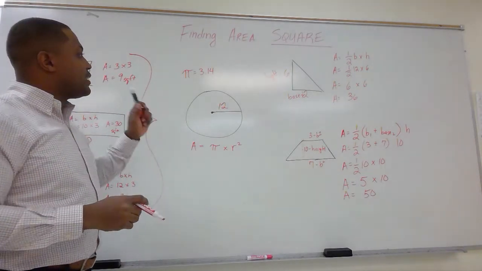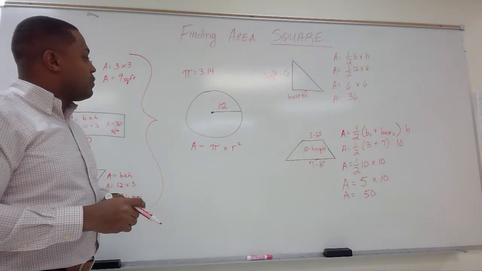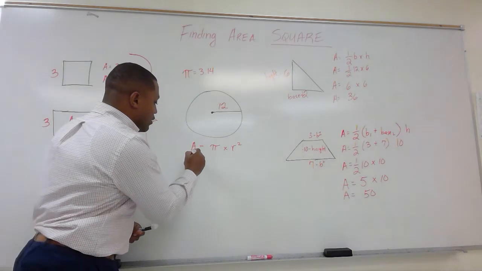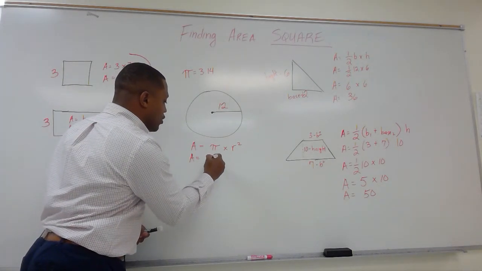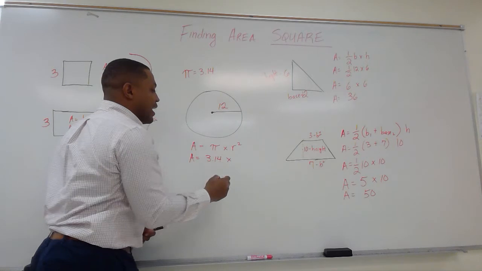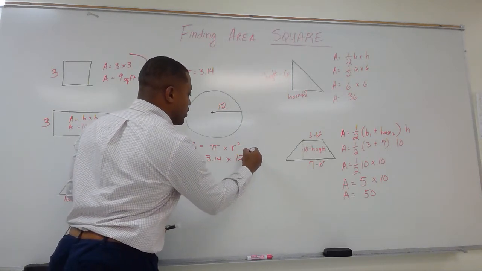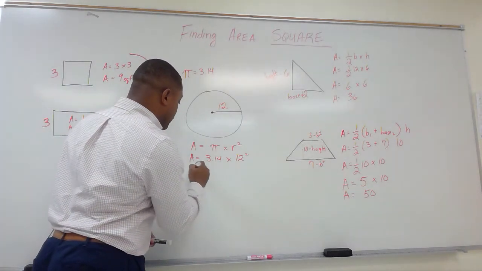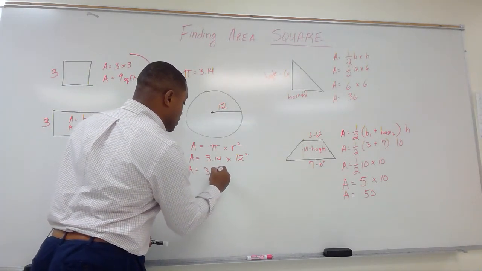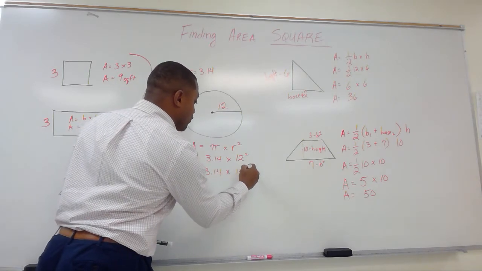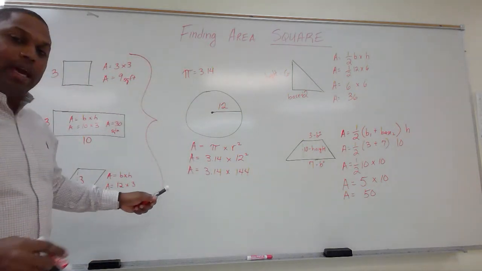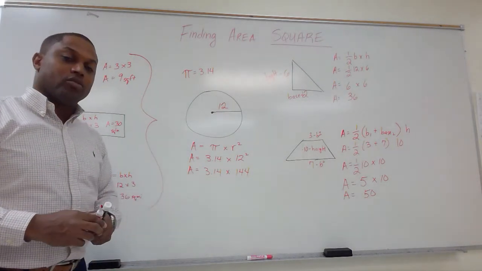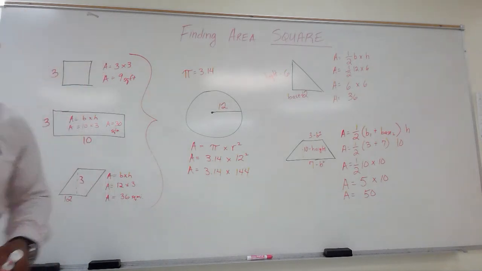So if I take the numbers provided and put them into the formula given, area equals 3.14 times 12 squared. 12 squared, 12 times 12, equals 144. So now we have area equals 3.14 times 144.